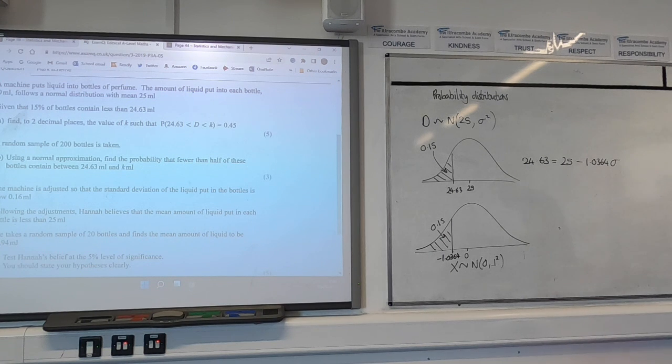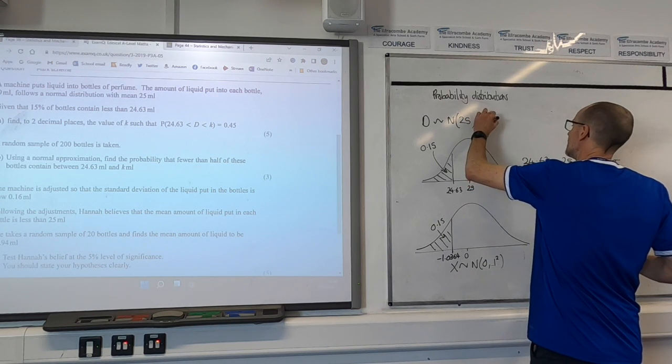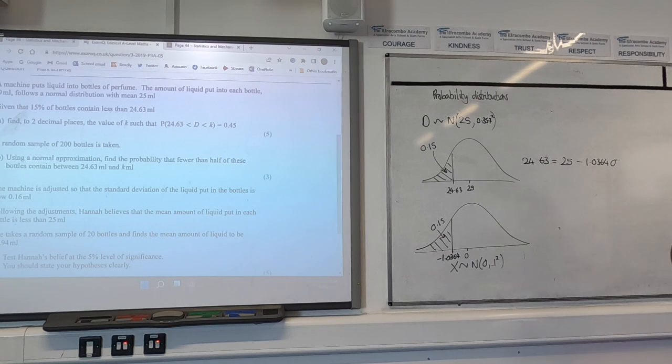When I've done this, for some reason I've rounded mine to 3 significant figures, which would be perfectly acceptable. I'm hoping I'll get something similar to that.